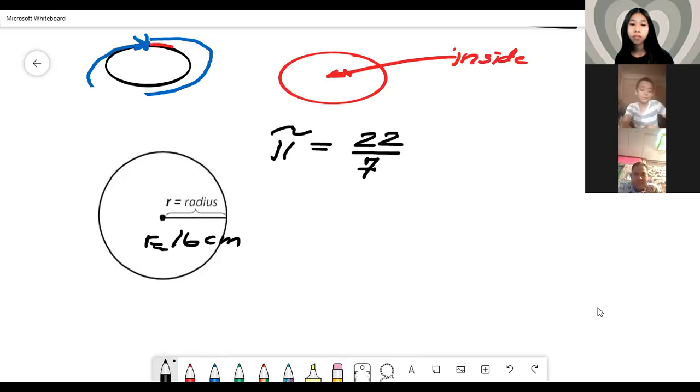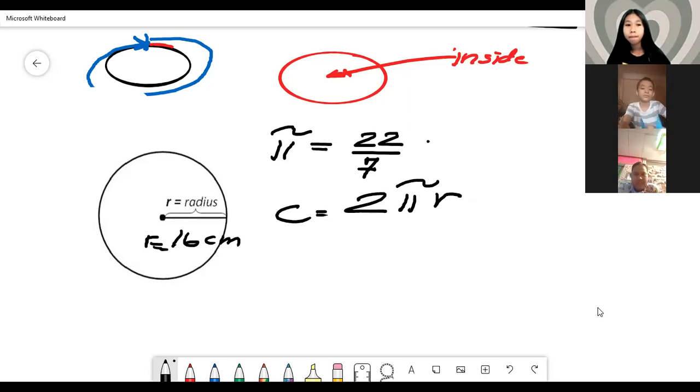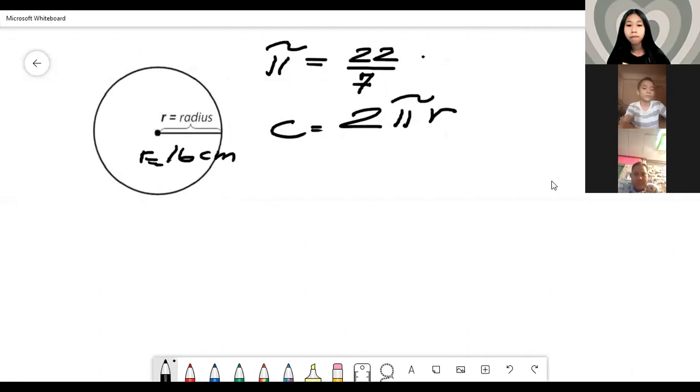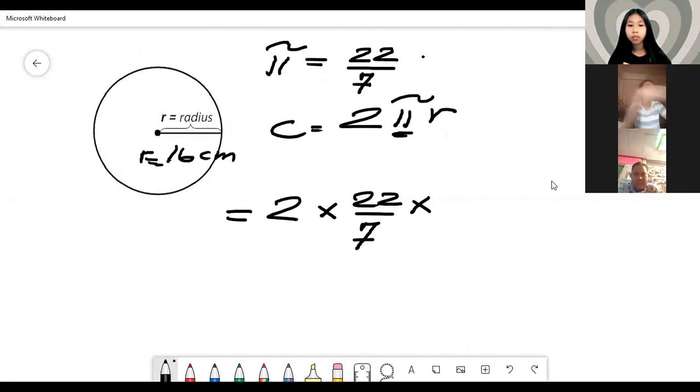To get the circumference, C is equal to 2 pi r, or 2 times pi times r. Okay, so 2 times the value of pi, 22 over 7, times the radius, 16.